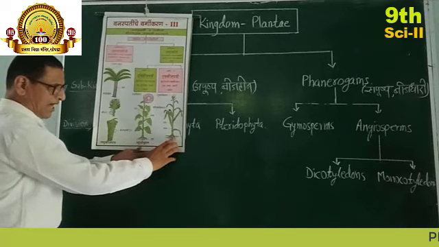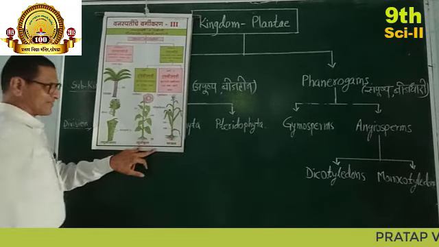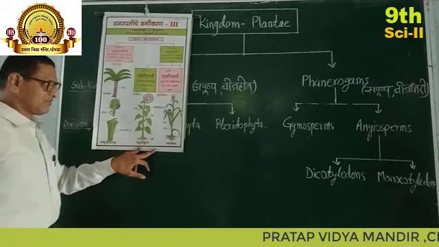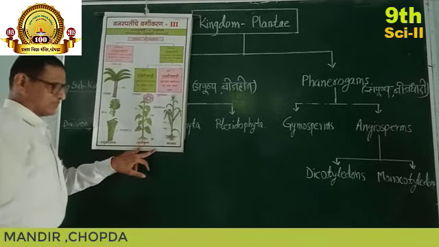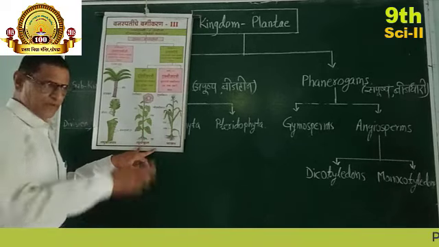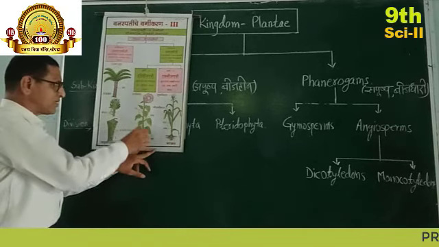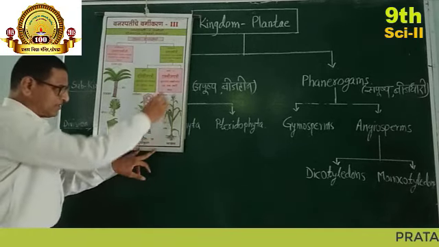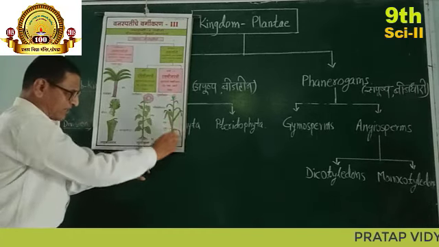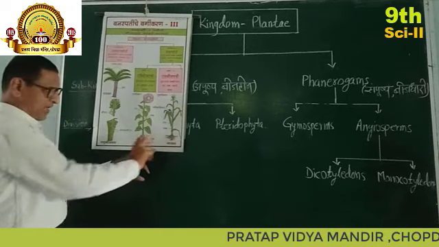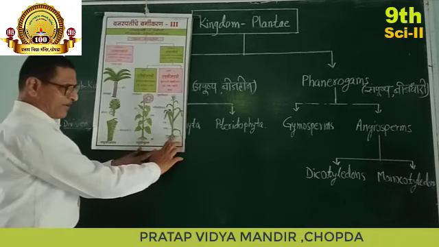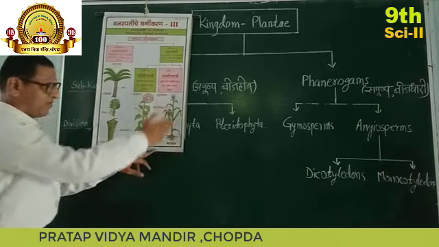Here, adventitious roots are present. That is the sunflower and maize. We have the figure of dicotyledon plant, that is the sunflower, and monocotyledon plant, that is maize. First difference, see about the roots. Taproot system is present, and adventitious roots are present in monocotyledon.